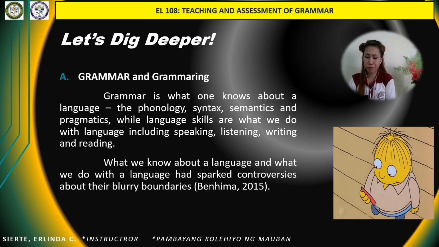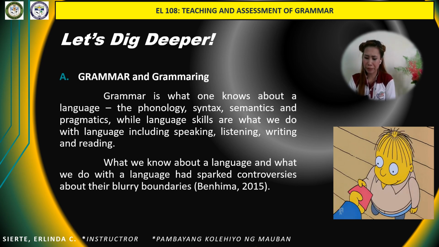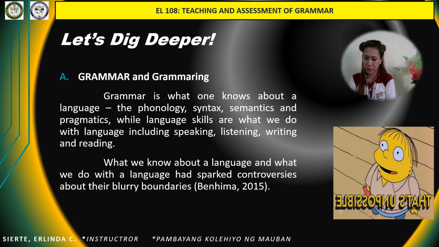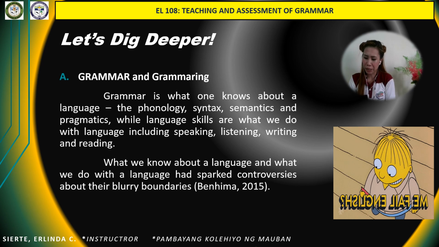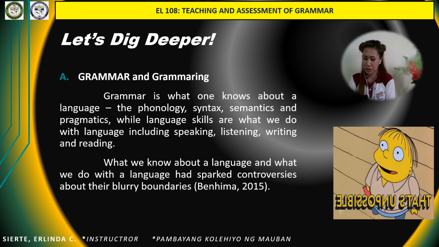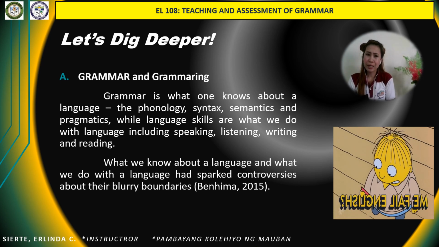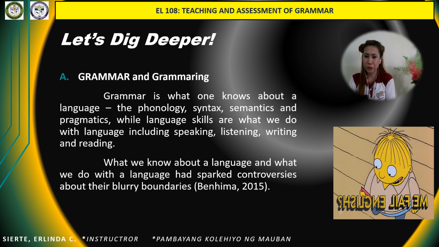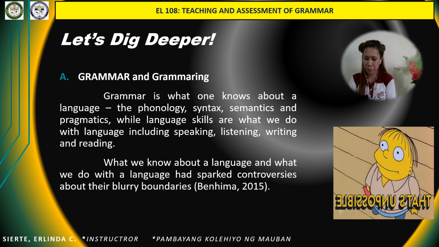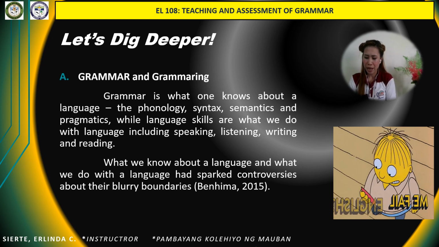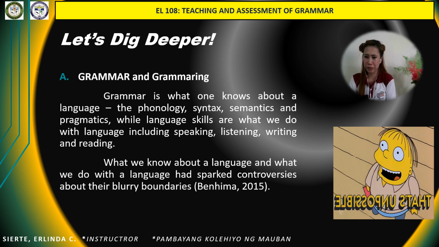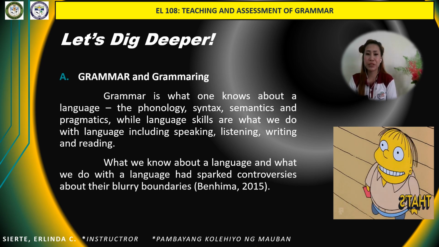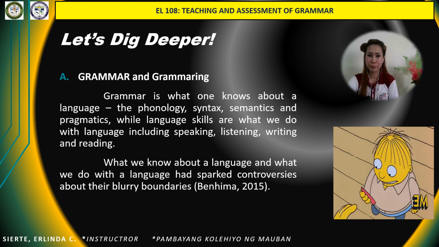The outbursts of modern linguistics described grammar as a system of structures, besides vocabulary and pronunciation. And the shift from structuralism to transformational grammar made grammar a system of rules every native speaker of a language acquired, later described as competence.